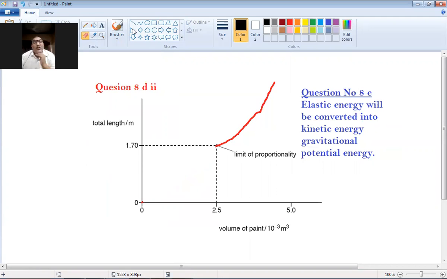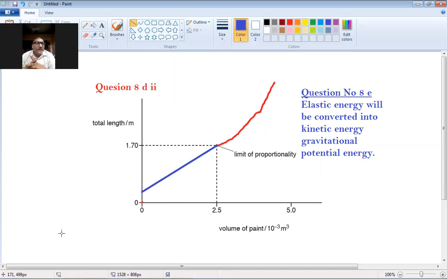Because when there is no load, the length of the rope will not be 0.